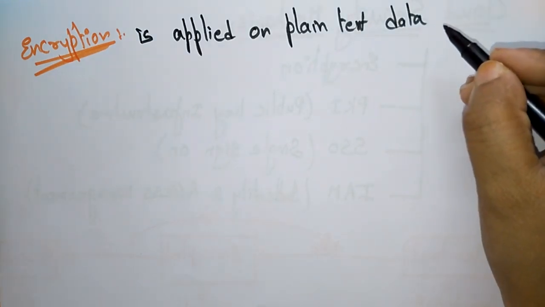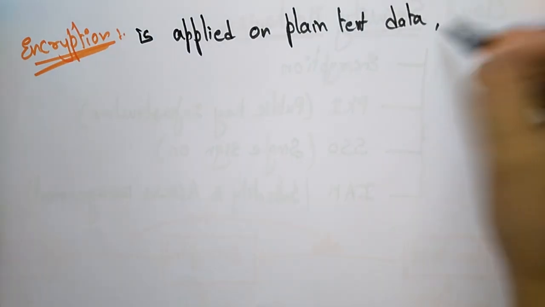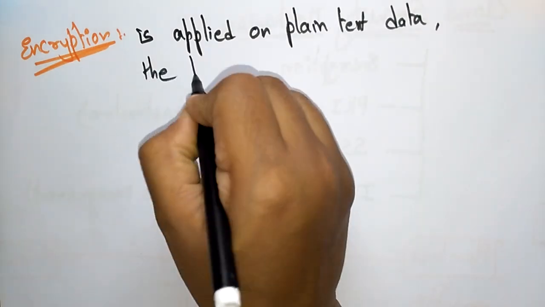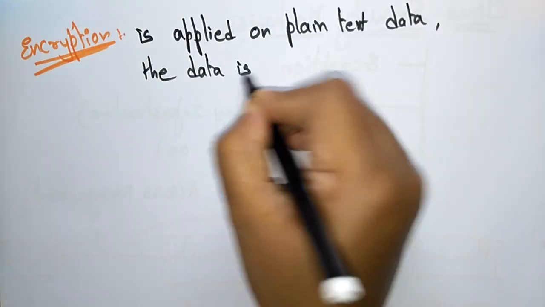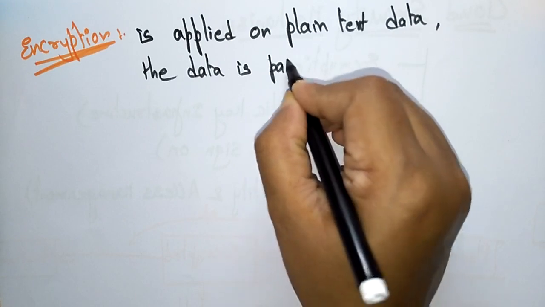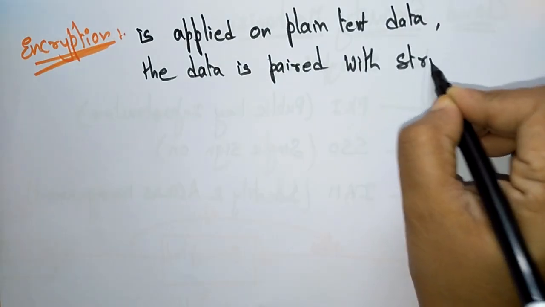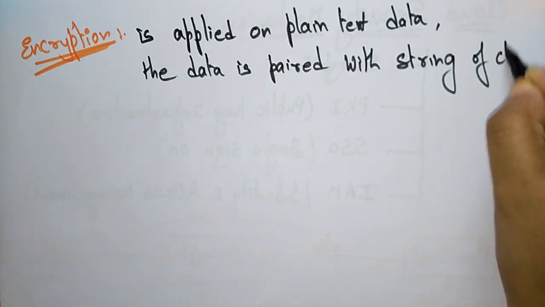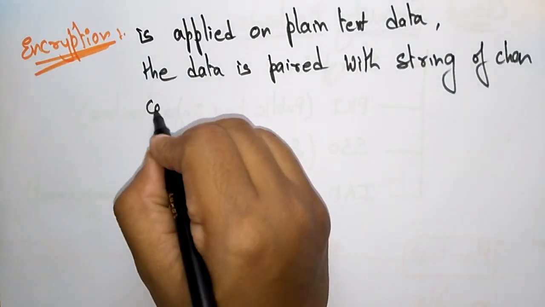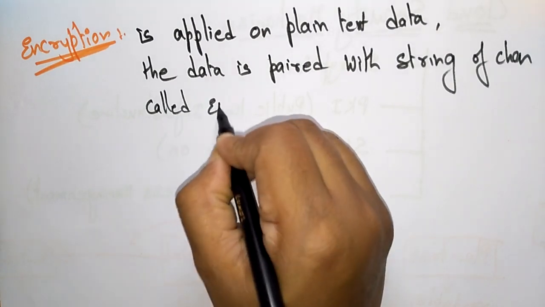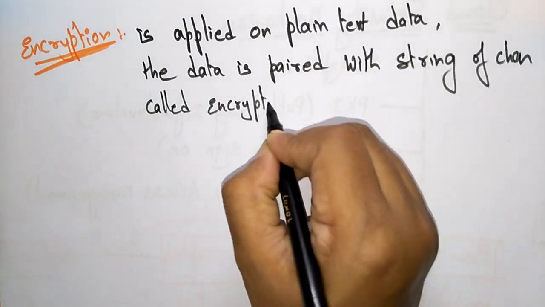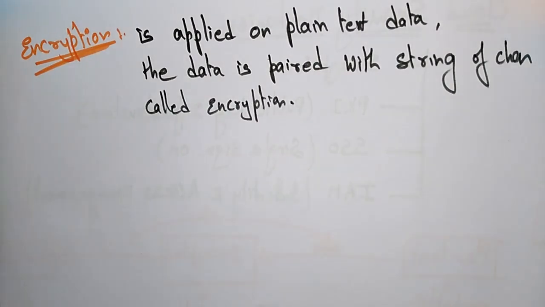The plain data is paired with a string of characters called an encryption key. The encryption key is used to decrypt the ciphertext back to its original data.